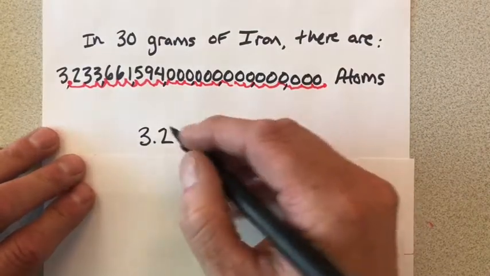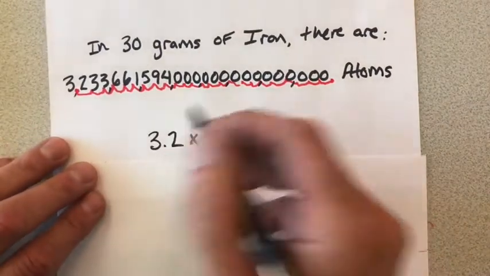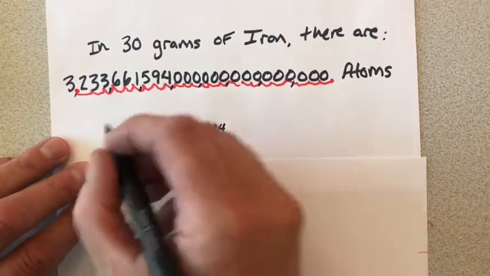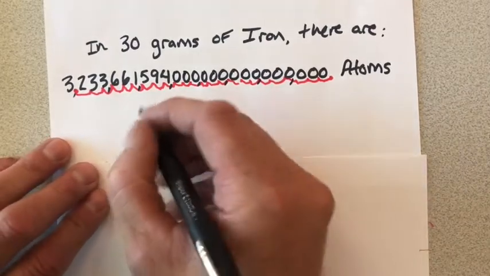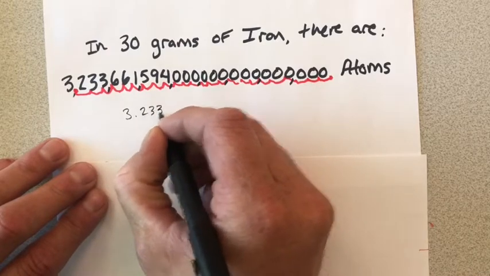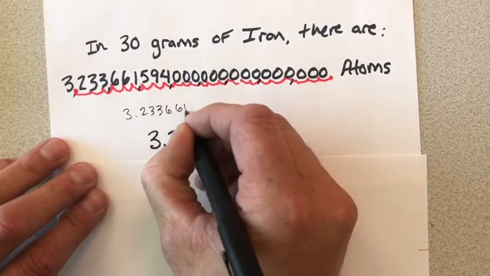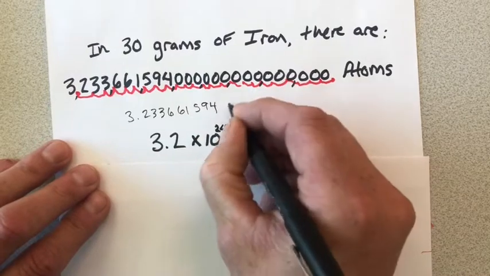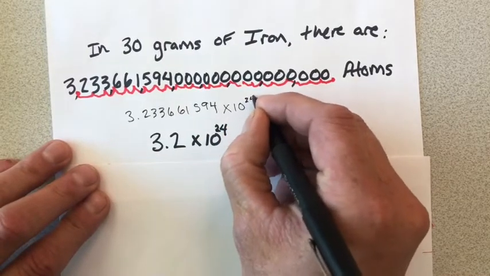I've not included a bunch of these other numbers because I've rounded, but if we were just going into standard scientific notation, it might look like this: 3.233661594 times 10 to the 24th power.